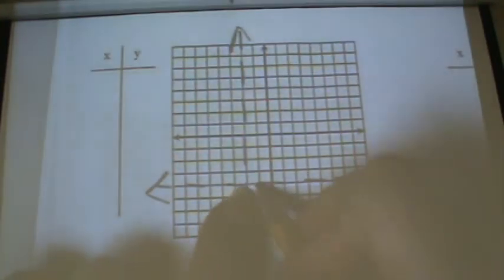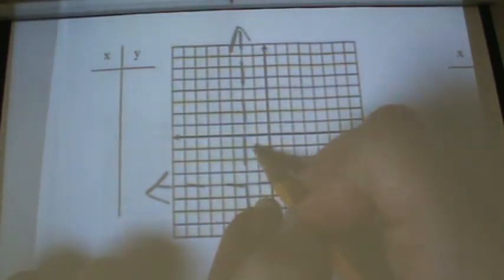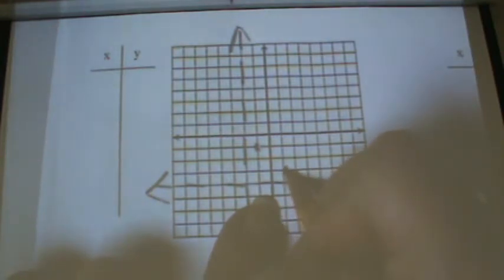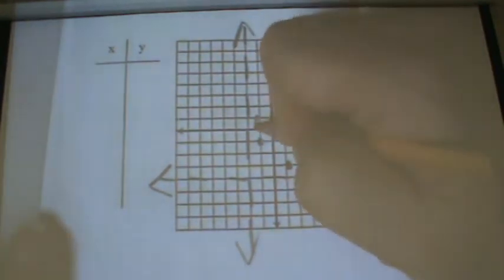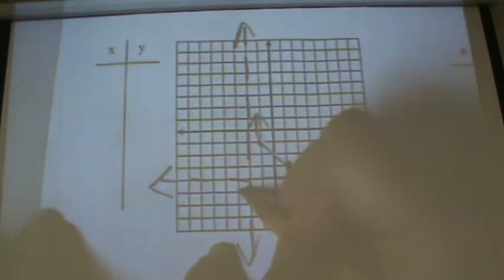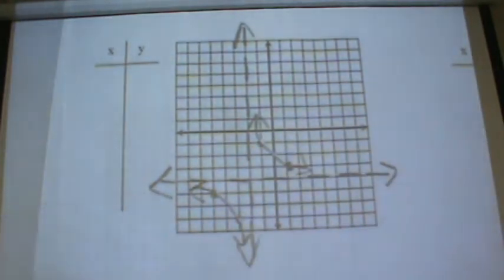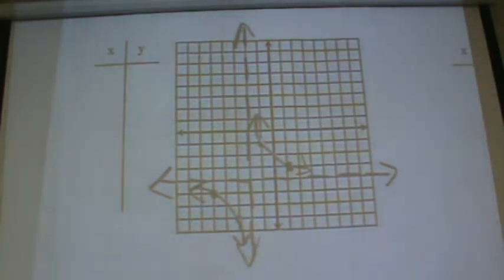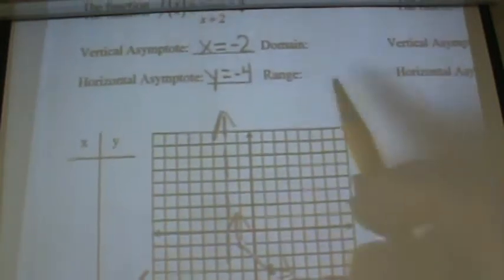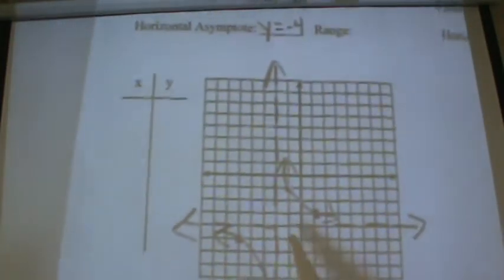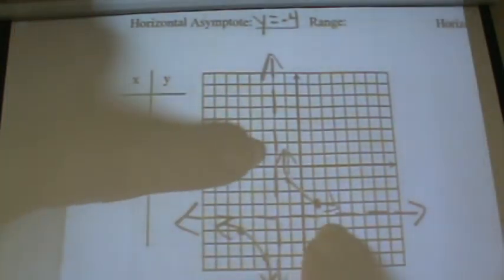If it were negative, it would be in 2 and 4. So from here, you're gonna go over 1, up 3. What do you think? Easy? So does everyone understand, if I were to put a -3 here, you would have been in these 2 quadrants, okay?